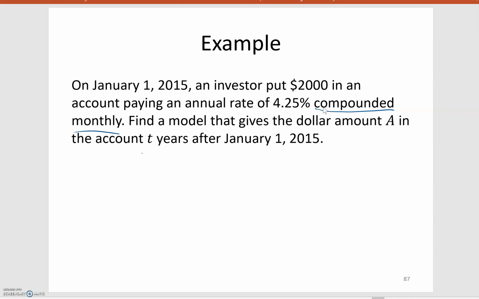So if it weren't for the compounded monthly phrase, this wouldn't be too bad, right?